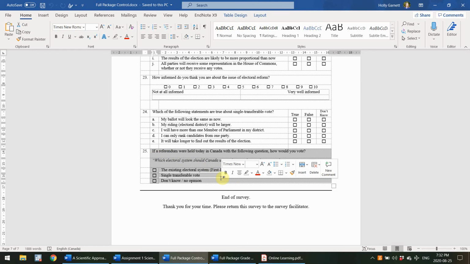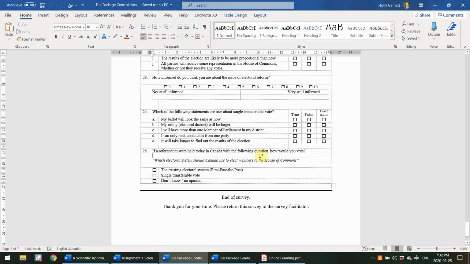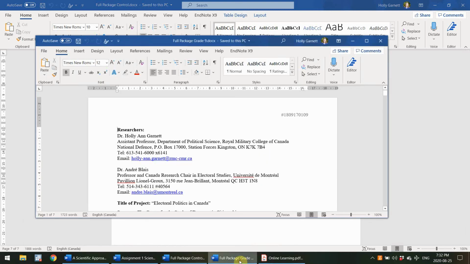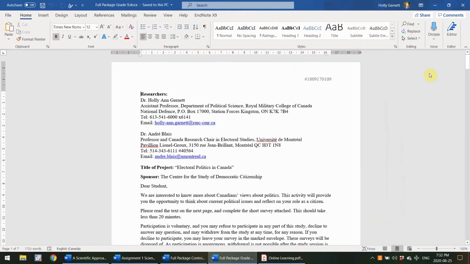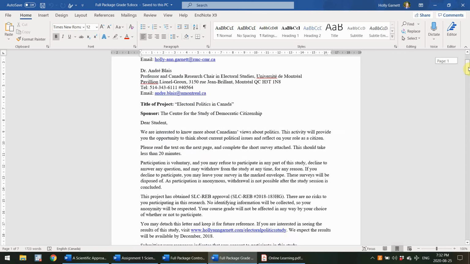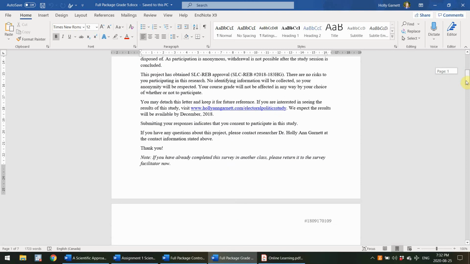And so we asked them, okay, would you vote for single transferable vote, or would you vote for first past the post, or do you not know or not have an opinion? So while that group had the control text, there were some other groups that were getting a package about single transferable vote. Again, they have the same intro here.